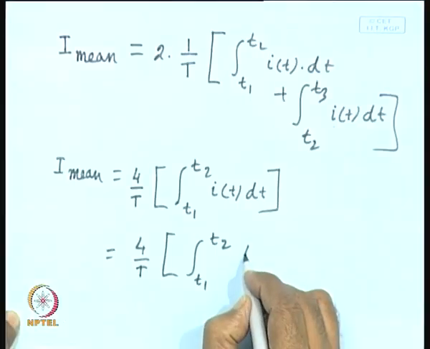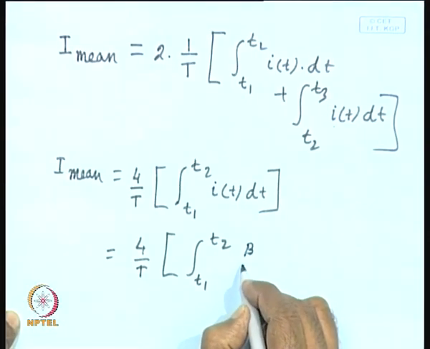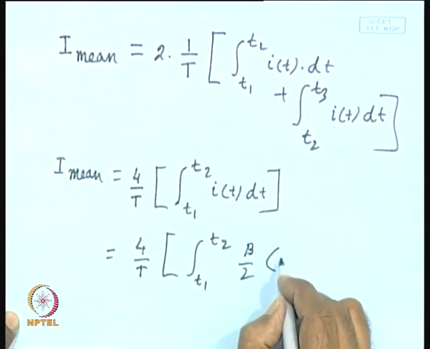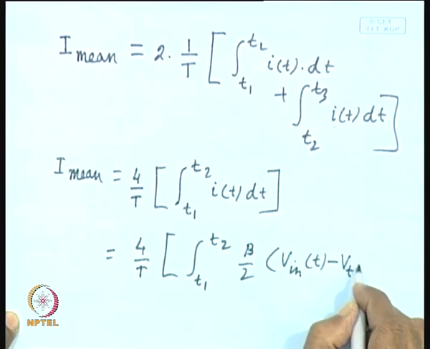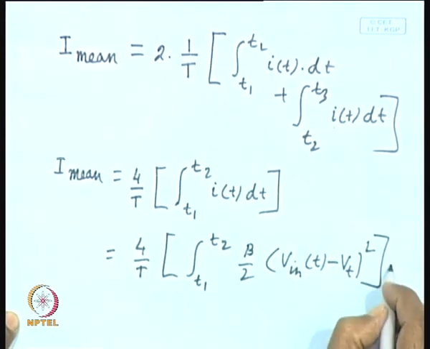So, during this period the transistor will be in saturation. So, as you know the expression for current is beta by 2 into VDD minus VTN square. So, we can write beta by 2 into Vin(t), input is changing, minus Vt whole square into dt.